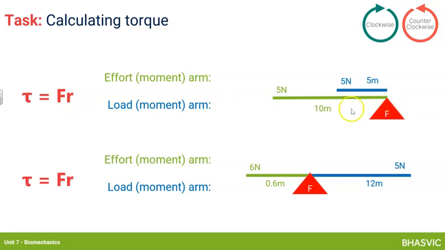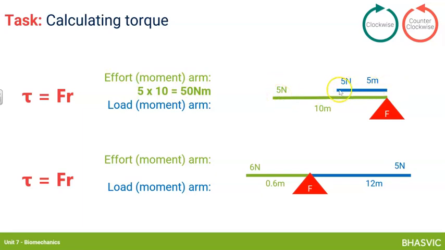So the effort, green, moment arm, is 10 meters long and the force is 5 newtons. So the equation, if you remember, is force times moment arm, 5 newtons times 10 meters gives us a torque of 50 newton meters. So the effort gives us a torque of 50 newton meters.